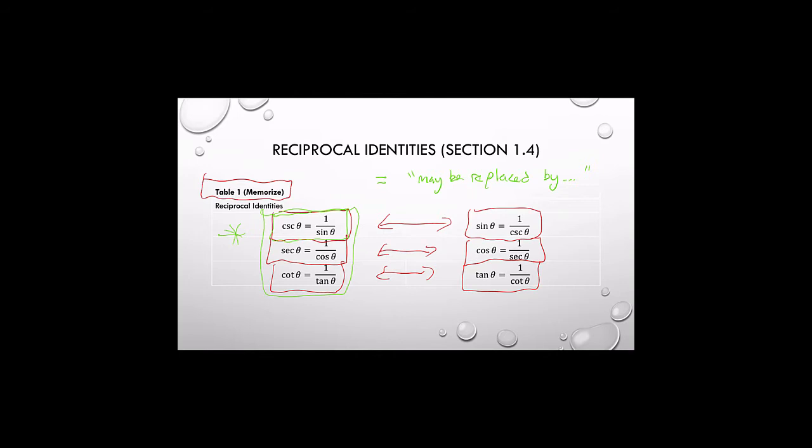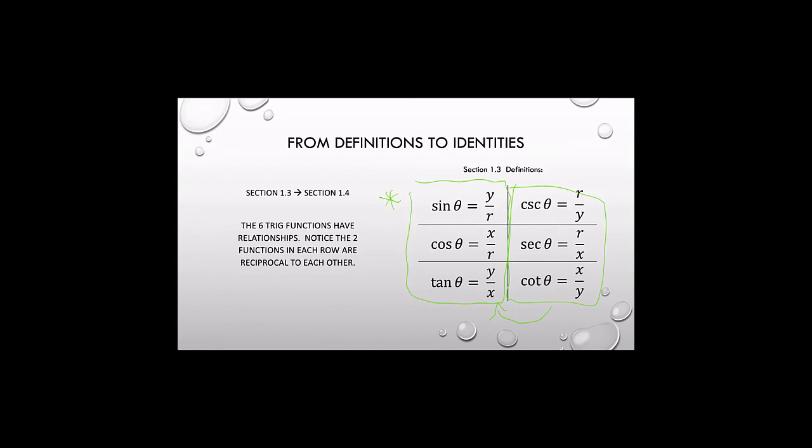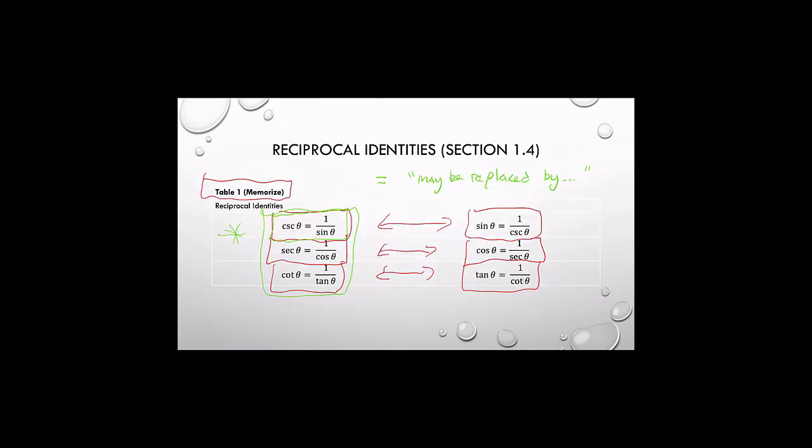So what does this say? The first equation, cosecant equals 1 over sine. It says that cosecant of theta, which is not one of the stars of the show, so this is over on the right, and we don't really use cosecant so much, can be replaced by 1 over sine of theta.